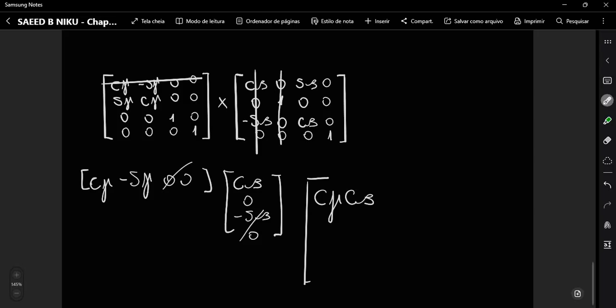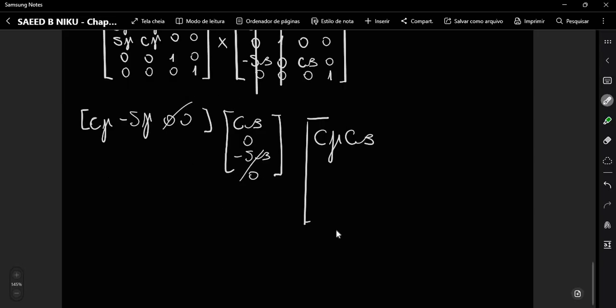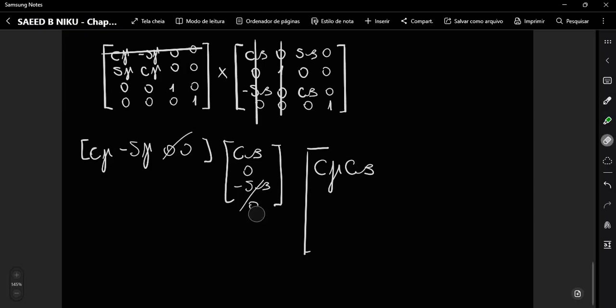Now this column, 0, 1, 0, 0, so it's going to be just sine of gamma. Okay, now, so cosine of gamma times sine of beta.